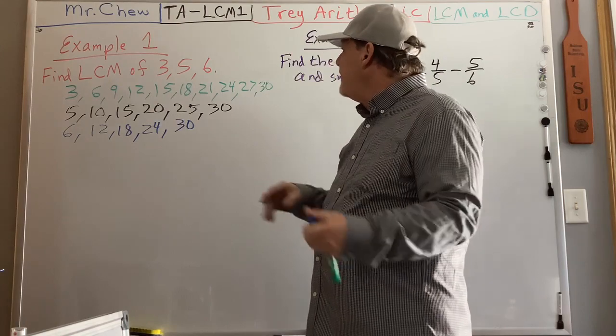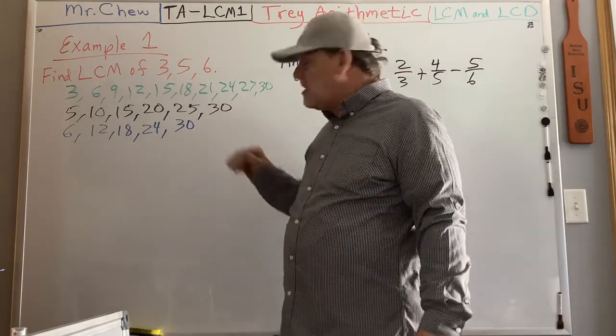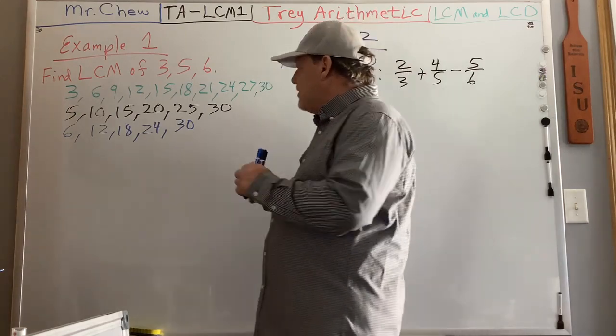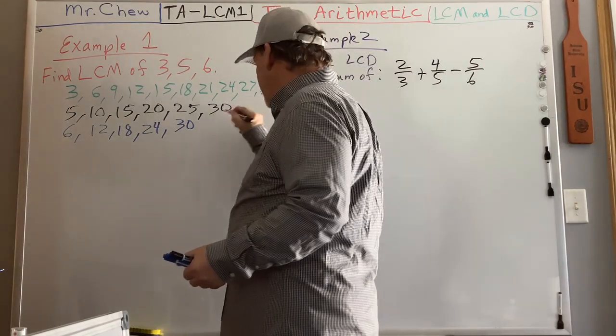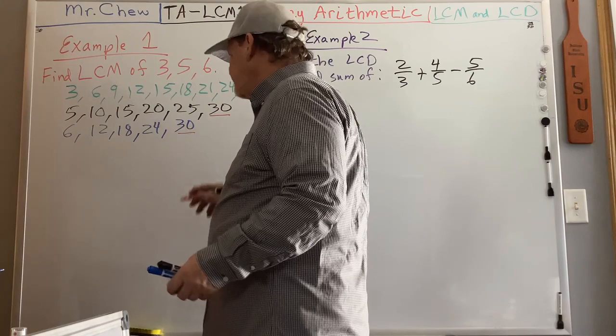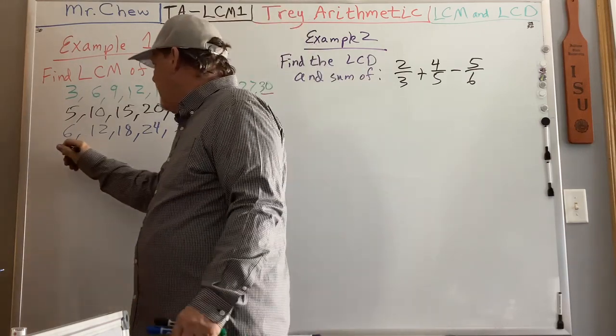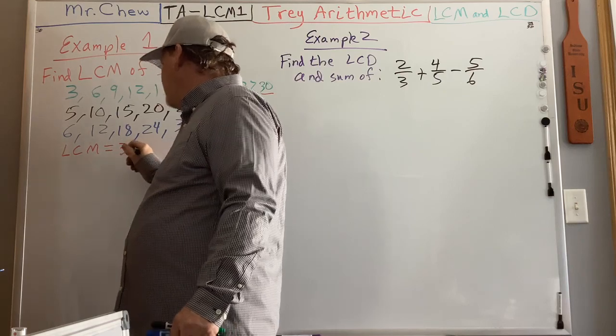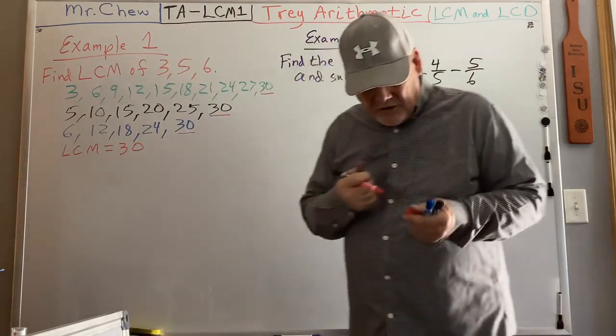Anytime I have that first number that comes out, that ends up being my LCM. So I'm going to underline each of these in red. And so we say that the LCM equals 30.